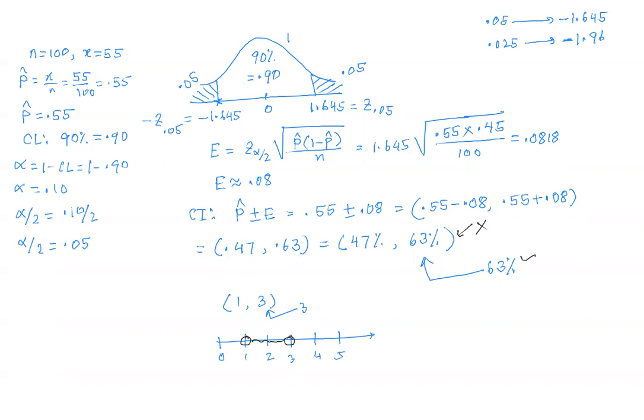So similarly, 63% is actually not included in this interval. So based on your calculation, you could say this is a borderline case, because the point is right there.